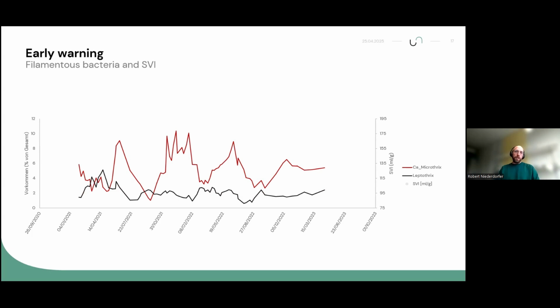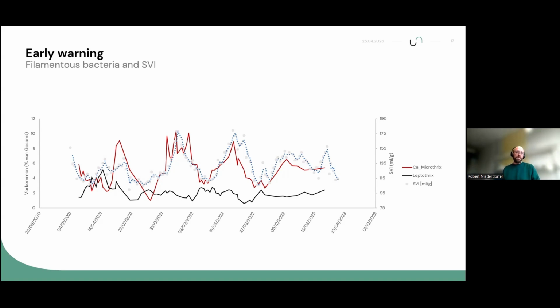This is a monitoring we did at the biggest wastewater treatment plant in Switzerland, Werdhölzli. If you look at the blue line, this is the sludge volume index. Every time it's high, the sludge settles really badly. That means you need much more time to clear the sludge than if it's low. And you see every time this bacterium grows in, afterwards the sludge index goes up.